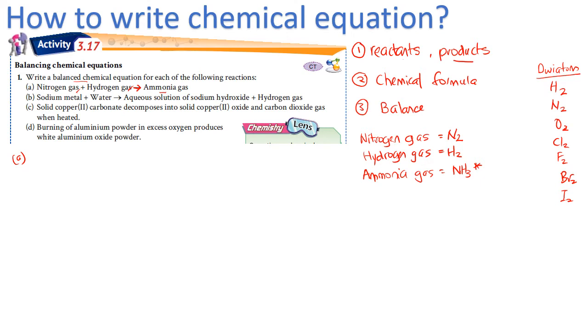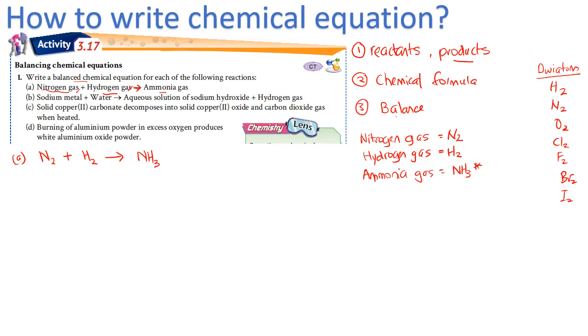After we identify the formulas of the reactants and the product, we build the chemical equation. Nitrogen gas, N2, reacts with hydrogen gas, H2, to form ammonia gas, NH3. Now you have identified the reactants, the product and the chemical formulas.